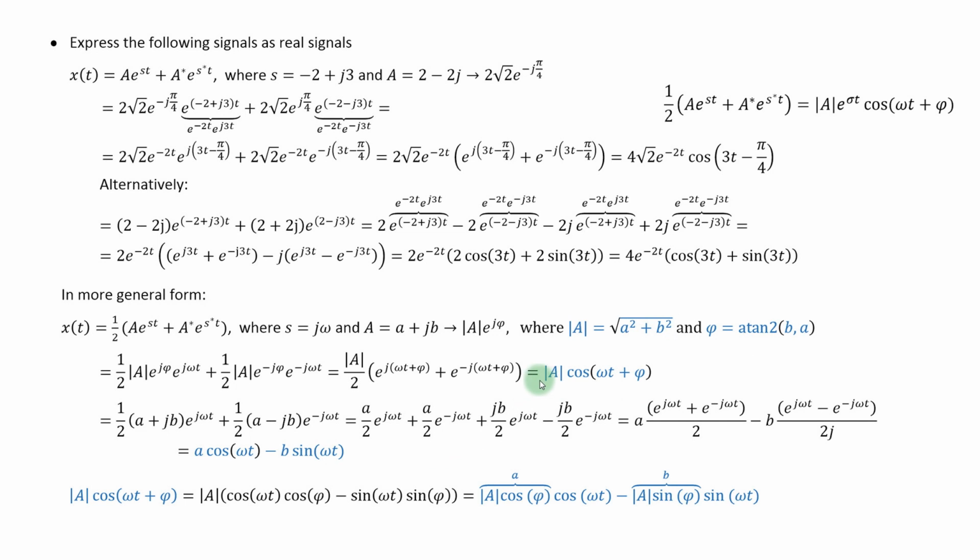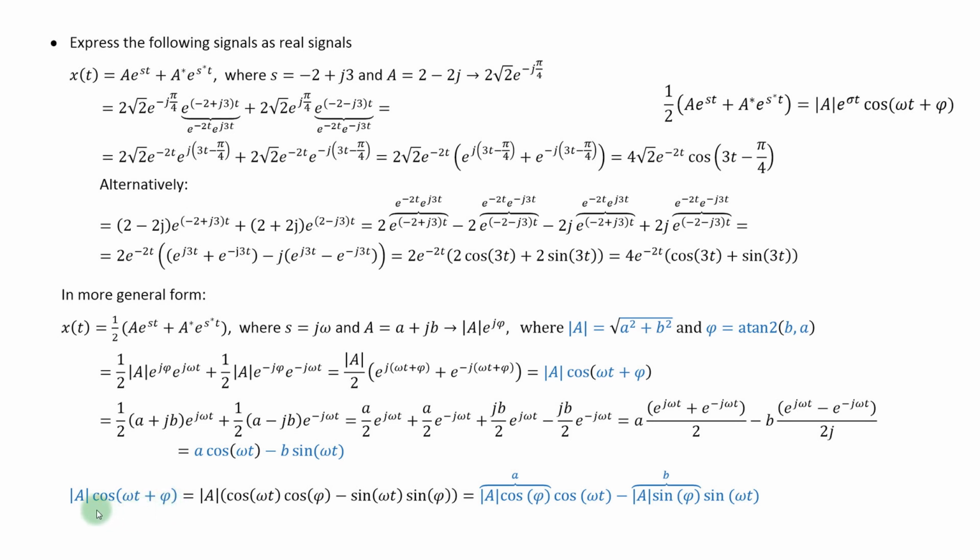And if somebody is still not bored to death, I can definitely finish you off by showing you the equivalence between this expression and this expression using the formula of a cosine of a sum of two angles. So in this expression, I have a cosine of a sum of two angles. This would be the first angle and this would be the second angle.